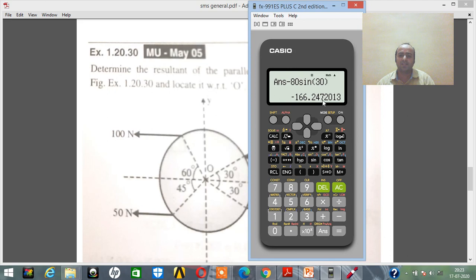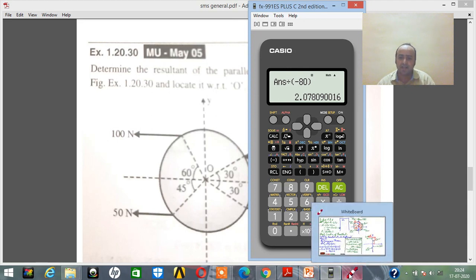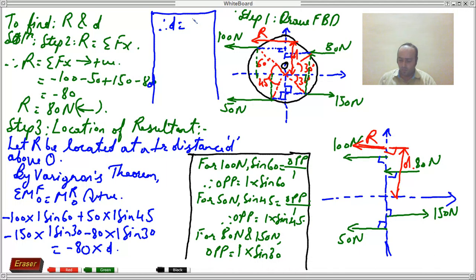So minus 166.247 divided by the value of R, which is nothing but minus 80. So minus 80 we have taken over there, is equal to 2.078. My dear friends, it is very confirmed that yes, it is lying above O. So D is equal to plus 2.078 meter. Now I can write it down at the end over here.